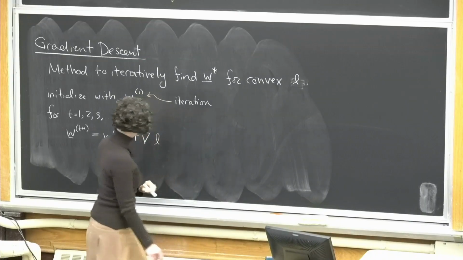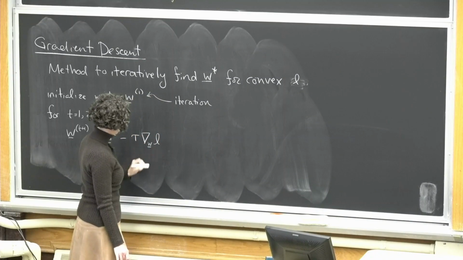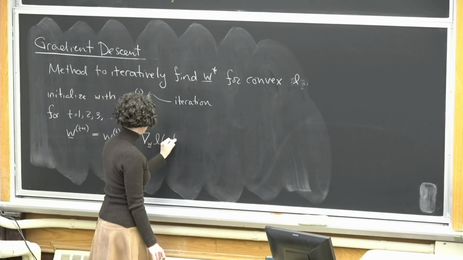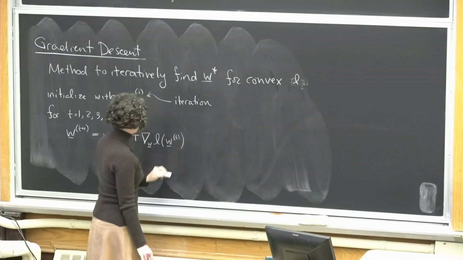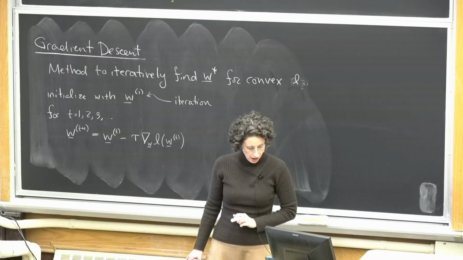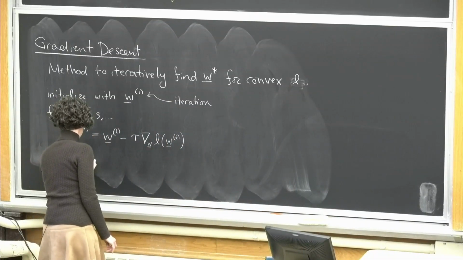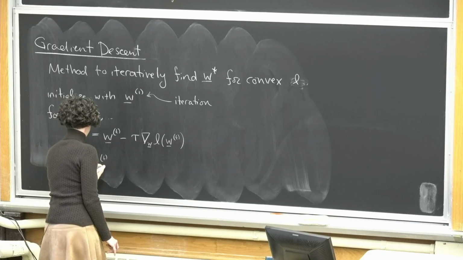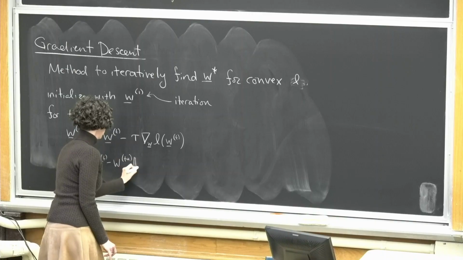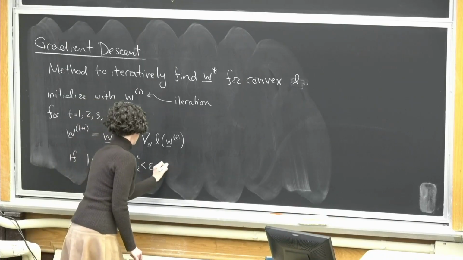So I take my loss function L and I compute its gradient with respect to W, and I evaluate that gradient at wherever my current iterate is located. And that's really it. And then I look and I see if I should stop. So for instance, if W^t and W^(t+1) are close, then I would stop.